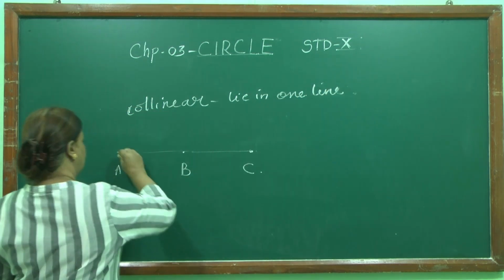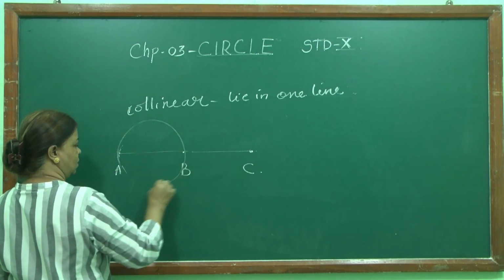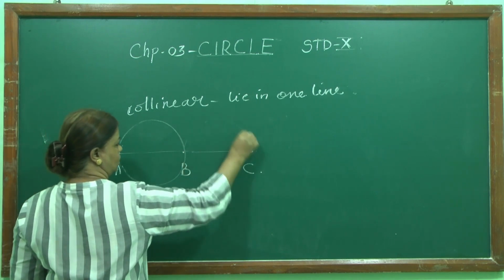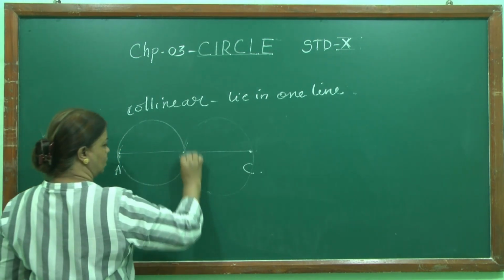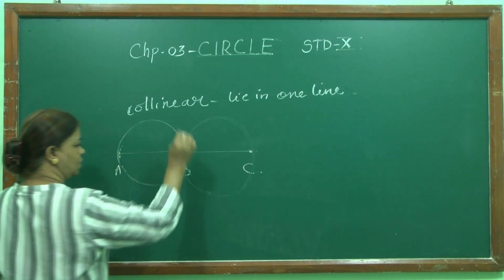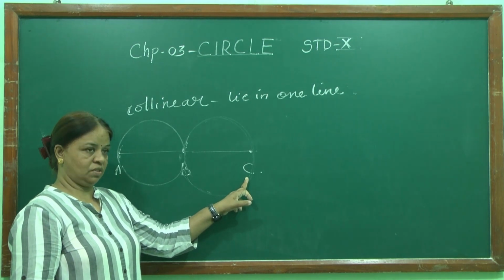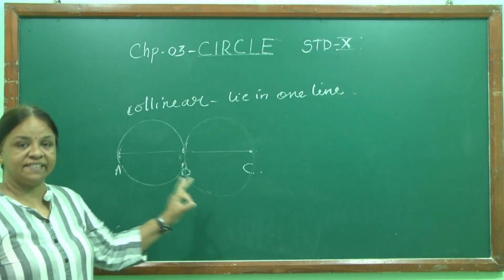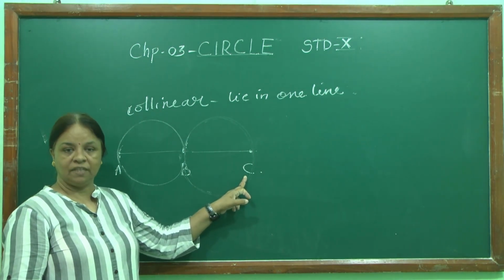Okay. So if I am drawing, all 3 points cannot be on one circle.